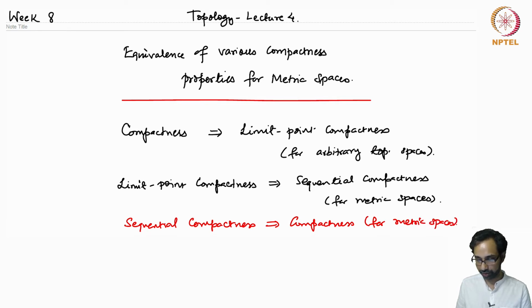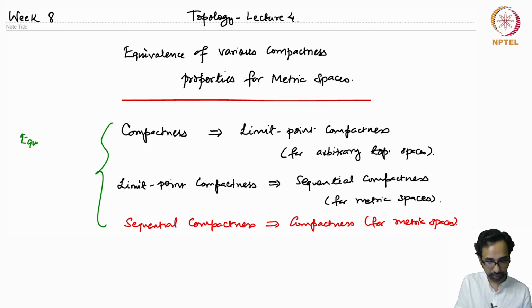So in fact, for metric spaces, we have compactness implies limit point compactness implies sequential compactness, and sequential compactness implies compactness. Therefore, all three are equivalent. So these are equivalent for metric spaces.